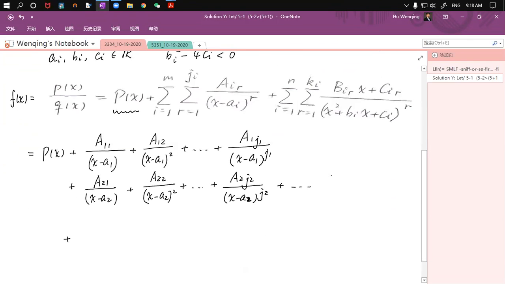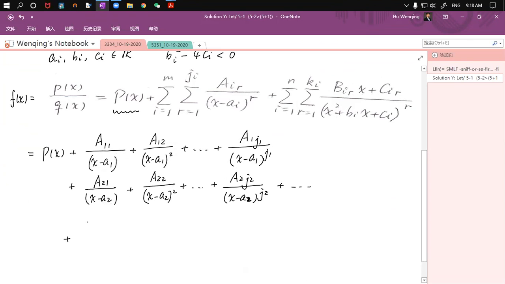So here the denominators are first order polynomials and their powers, so the numerators are going to be constants.